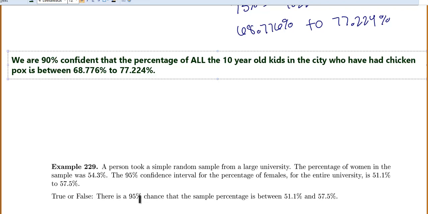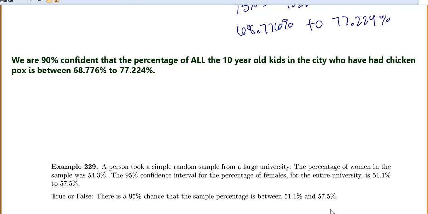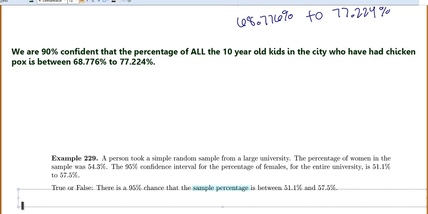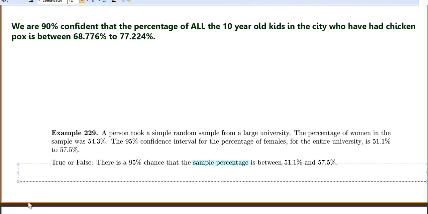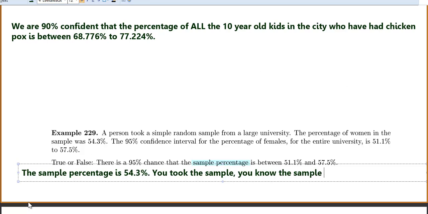There is a 95% chance that the sample percentage is between 51.1 and 57.5%. So this is false. And there's actually a couple things wrong with it, but the main one is that the sample percentage is 54.3%. Because you took the sample, you know the sample percentage.